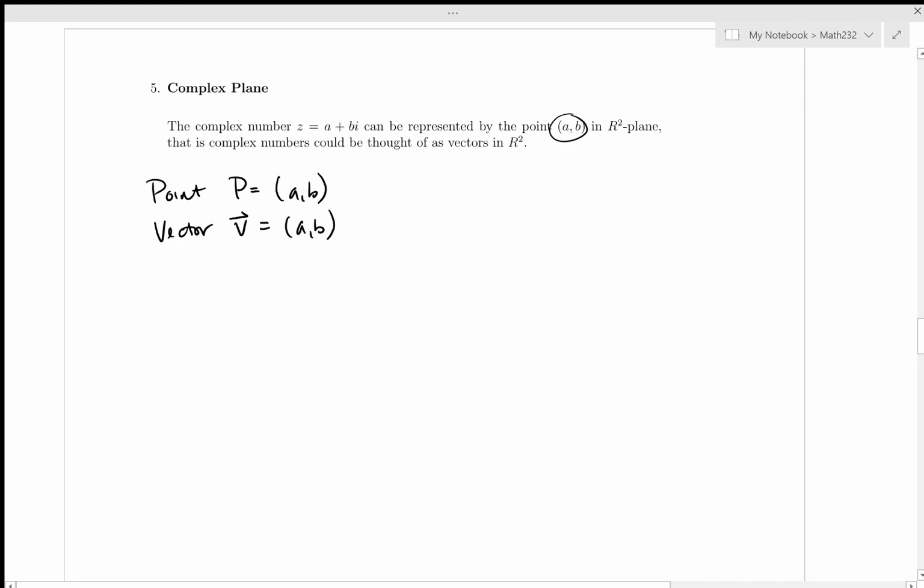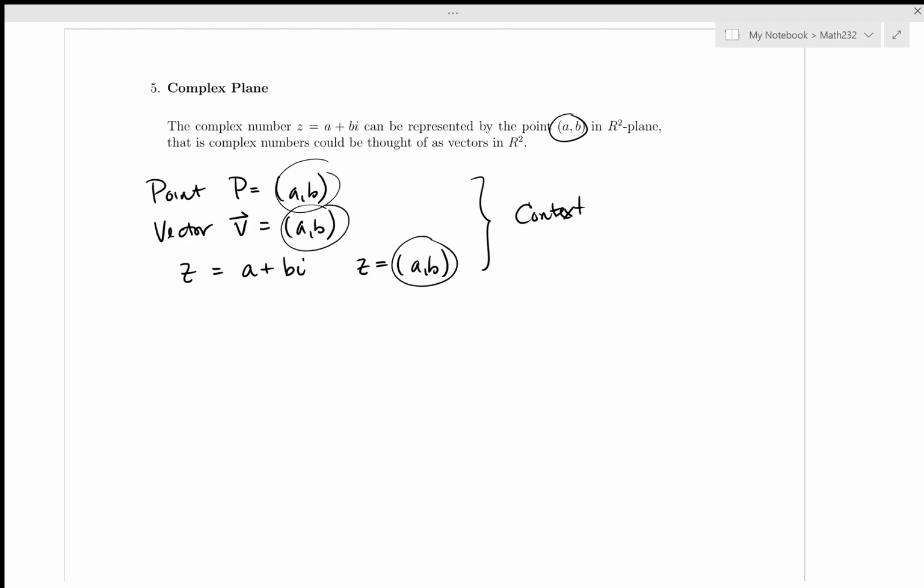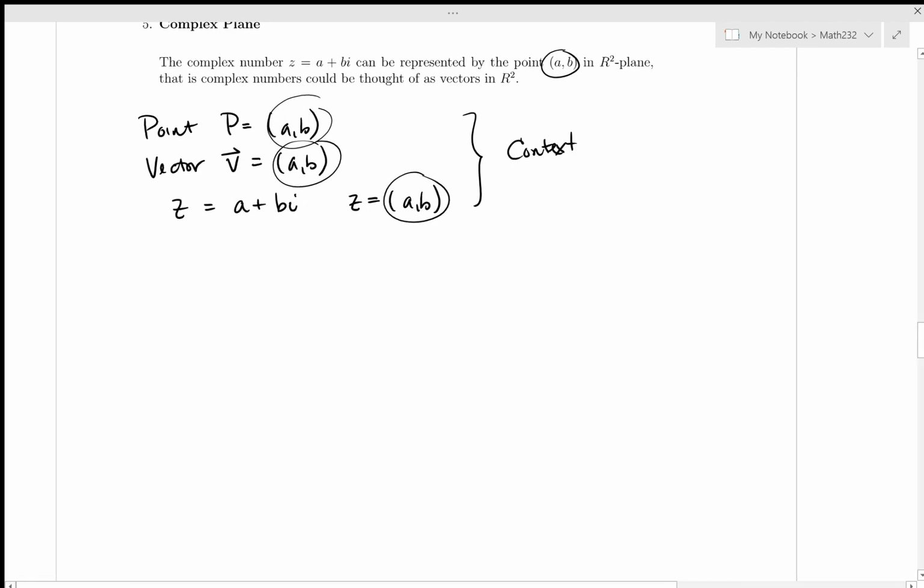Now we could be thinking of it also as a complex number, z equals a plus bi, which could also be written as z is (a, b). Which way you're thinking of this (a, b) will depend on the context in which you are using it. But basically, it is just two real numbers that you use in different ways, perhaps, but they're always located in the same place.